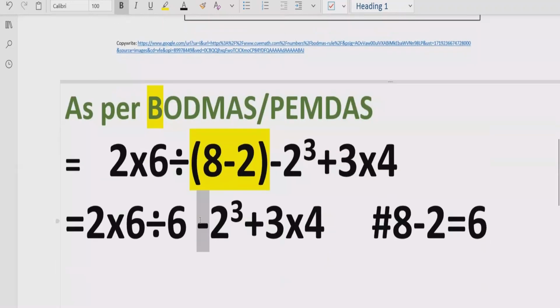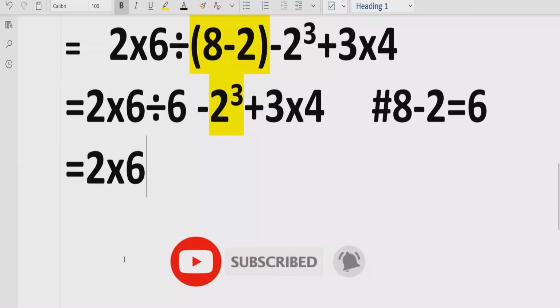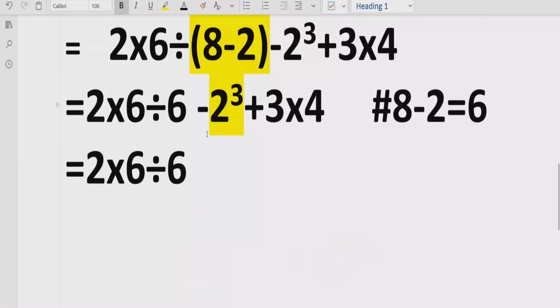Now, move forward. Step number 2 is you have to solve the exponent part, or you can say the power of any number. In our expression, we have this part which is a power. So 2 multiplied by 6 and divided by 6 minus, and 2 raised to power 3 means 2 multiplied by 2 multiplied by 2.